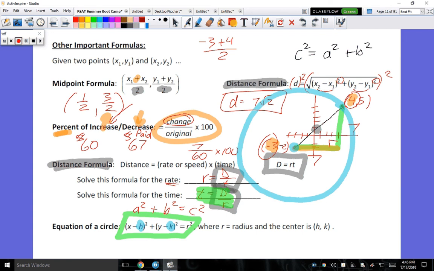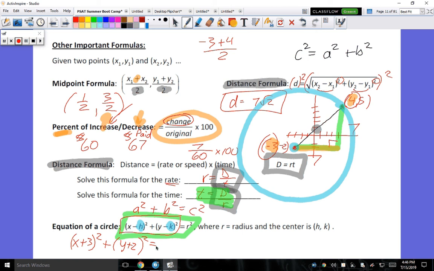Go with me? What's the point? -3, -2. How would that be written in the equation of the circle? X plus 3 squared plus y plus 2 squared equals, what did we say the radius was on this thing?